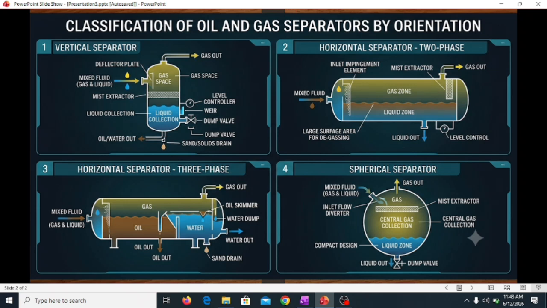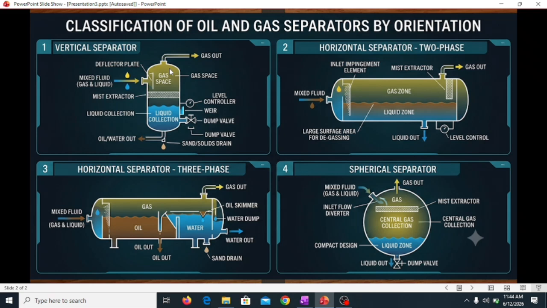A vertical separator holds a smaller footprint. You can see here that the horizontal separator takes a large area, and that is another important reason. But a vertical separator takes a smaller space.